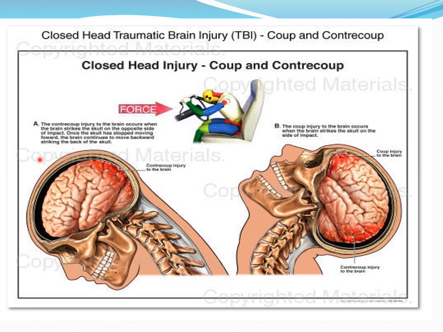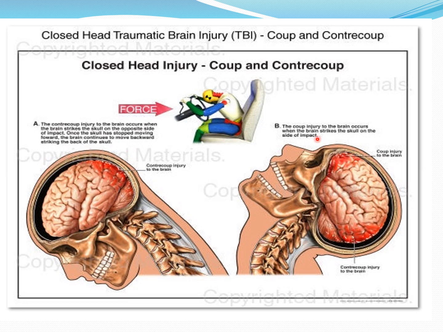In picture A, the contrecoup injury to the brain is shown, which occurs when the brain strikes the skull on the opposite side of the impact. The side of the impact is this one, and this is the opposite side. Once the skull has stopped moving forward, the brain continues to move backwards, striking the back of the skull.